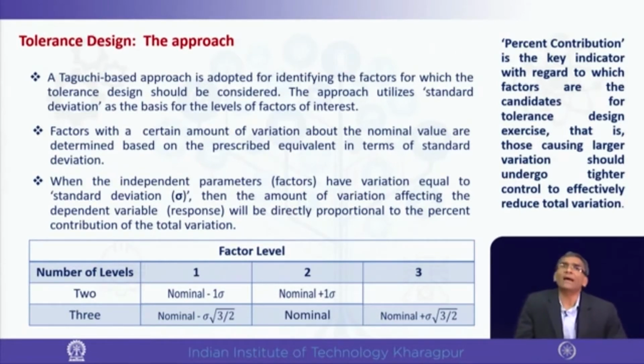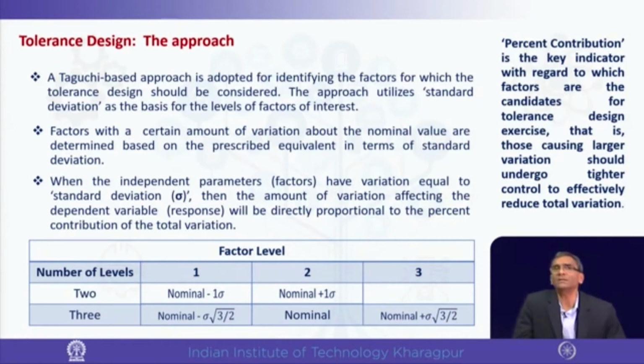Now, as we have discussed already about the concept of level in Taguchi design, if it is a two level problem, two level consideration or two level design planning, then the lower limit is set as nominal minus 1 standard deviation and the maximum is nominal plus 1 standard deviation.